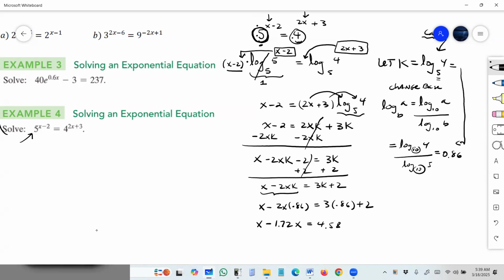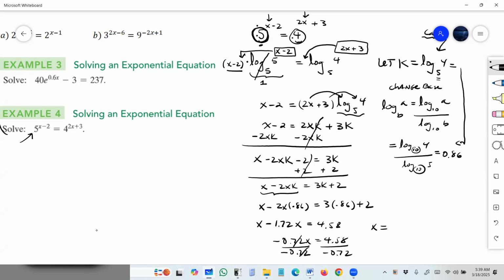So 1 minus 1.72 is minus 0.72x equals 4.58. So now all I have to do is divide both sides by negative 0.72. And let's see what we have.